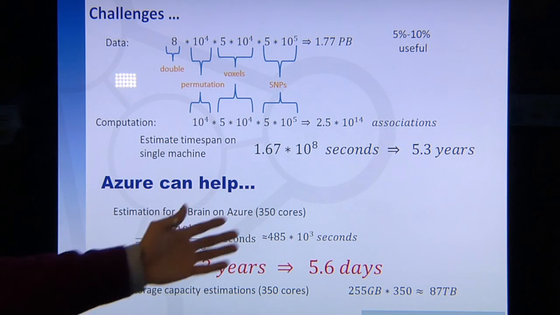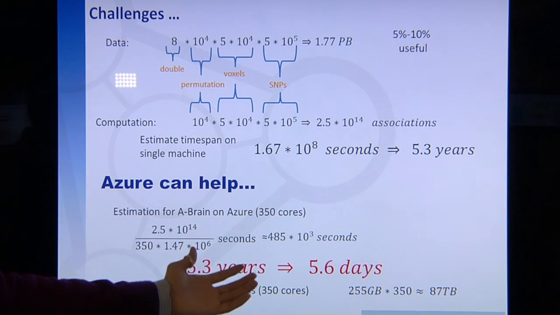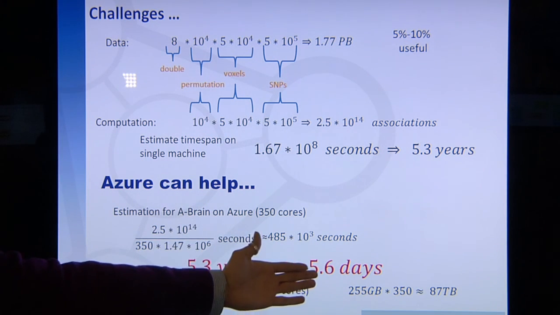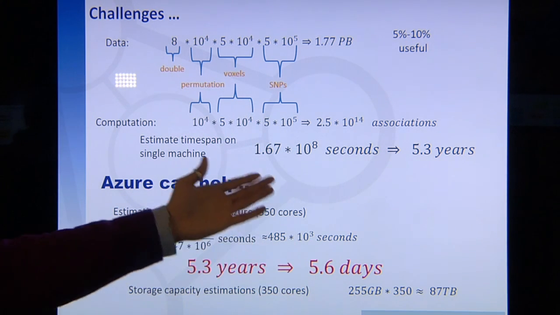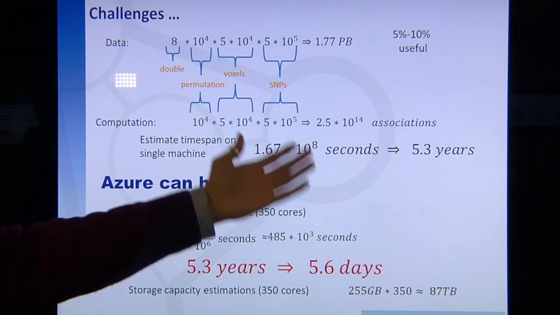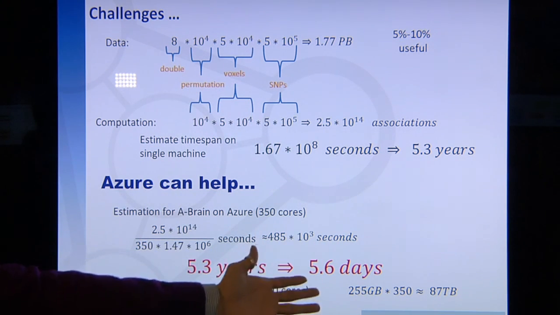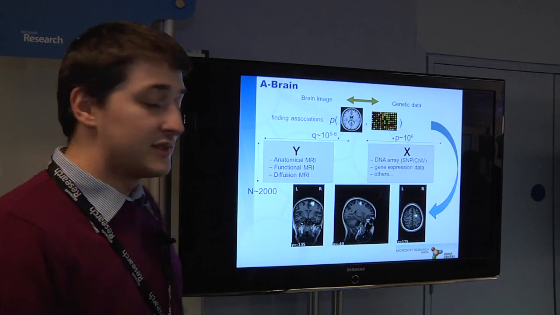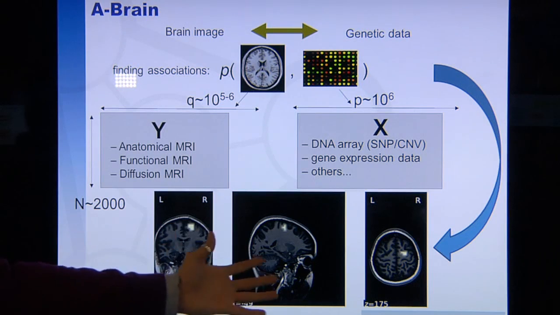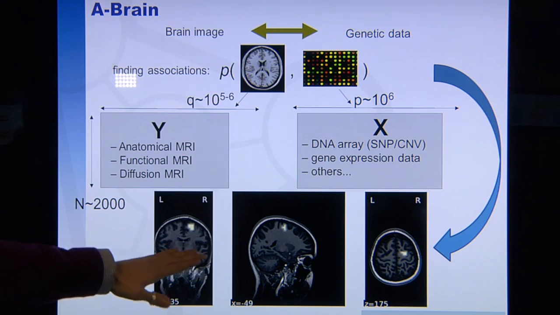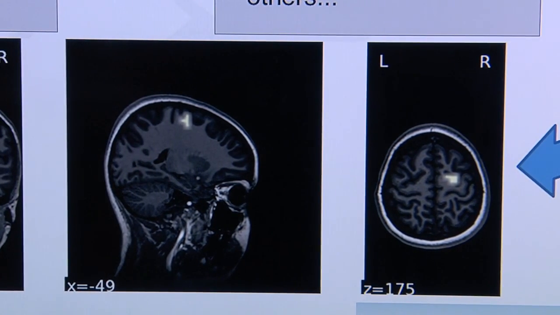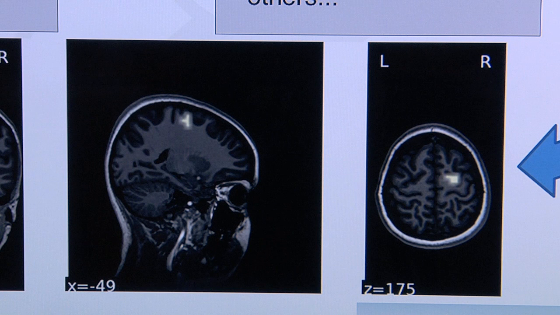But of course, if we go on the cloud and do this in parallel, this is an estimation on 350 cores, which would decrease to several days, but we can actually go to 1,000 or even more, which would decrease the computation to 1 day. As a result, you would get something like this, an image with some highlights in which you see the positions in the brain that were found to be significantly related with some gene.